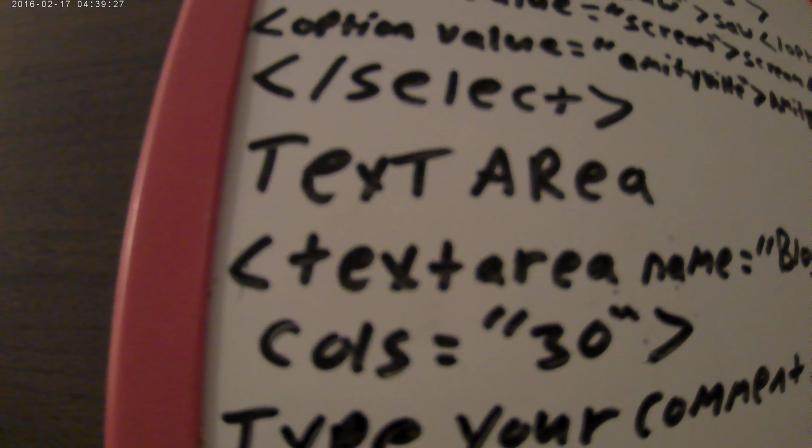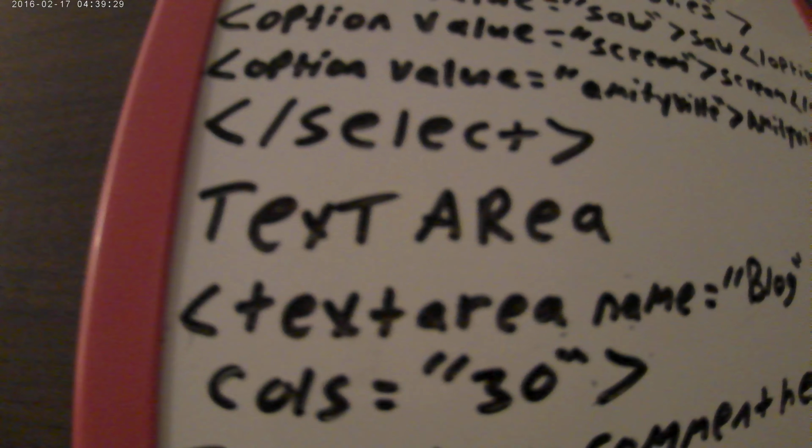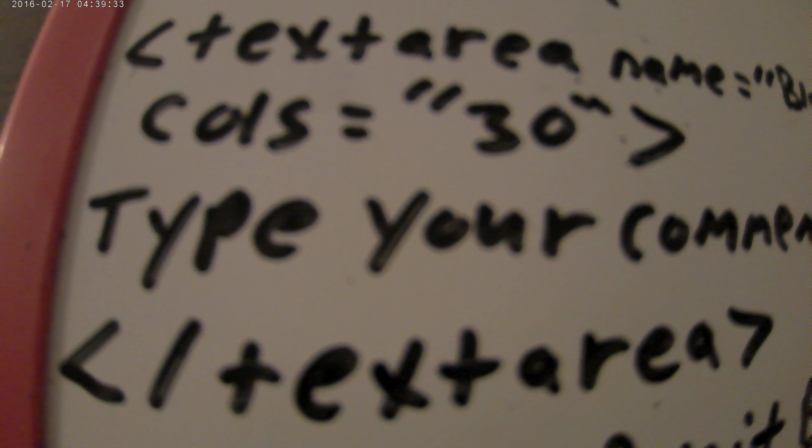For this, a good number I generally use for rows is 10, and a good number I generally use for columns is 30. And then we have a closing text area tag at the bottom. And then in between both text area tags, we have type your comment here.